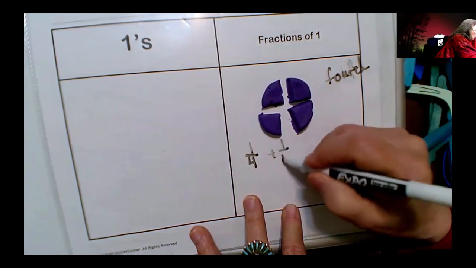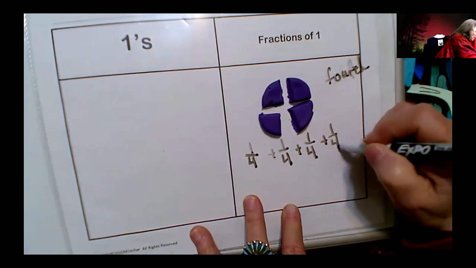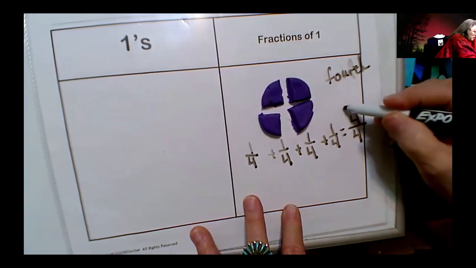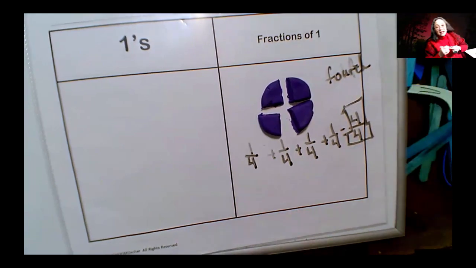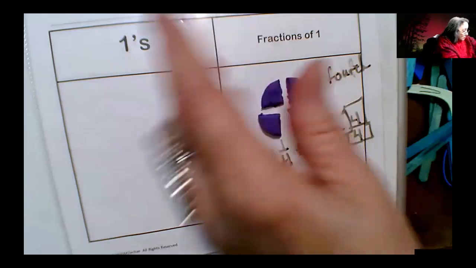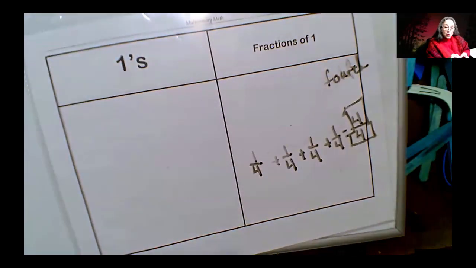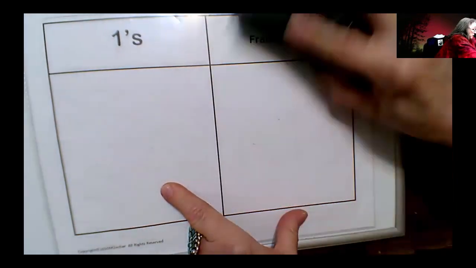And when I have all 4 of them, I have 4/4, which is equivalent to 1. I take that, they cut it into eighths, roll the ball again, they cut it into thirds, but each time we're using that repetitive language for the conceptual awareness or the review and intervention.